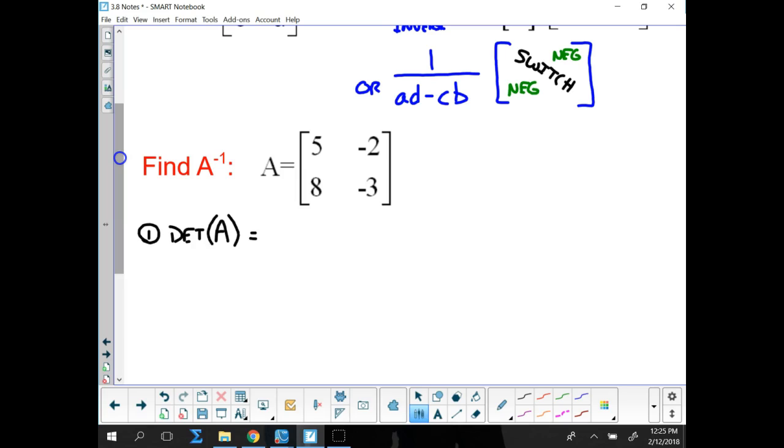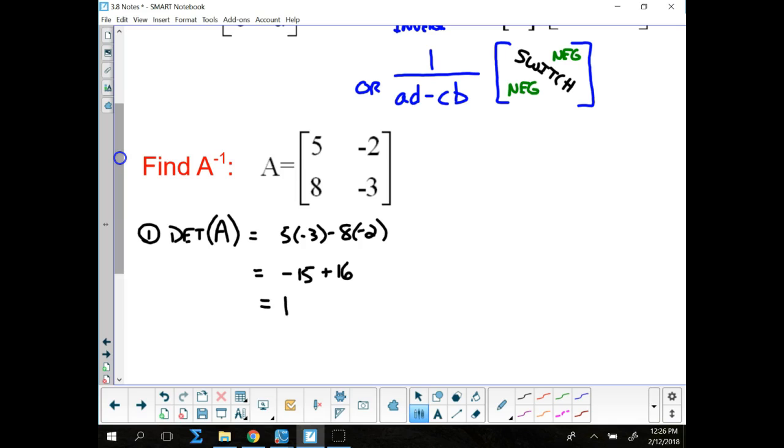What is the value of A's determinant? 1. Okay?